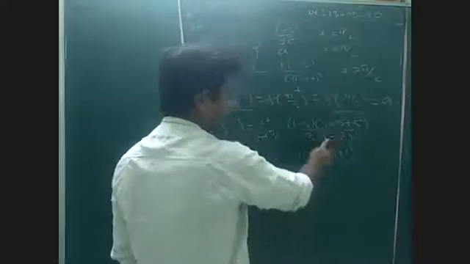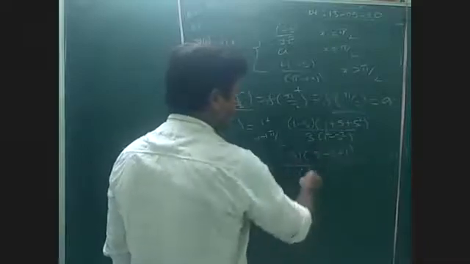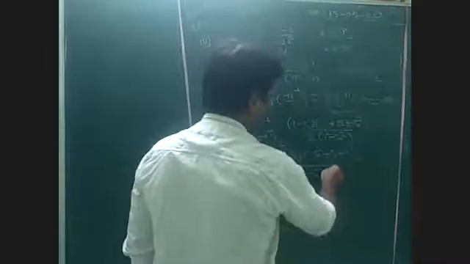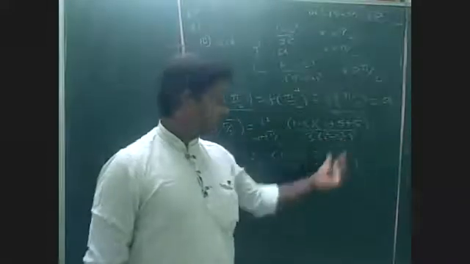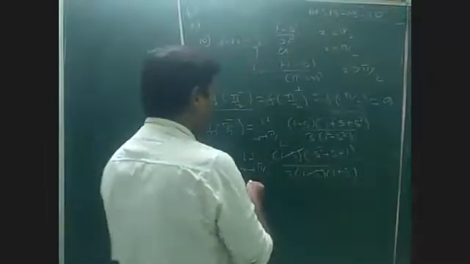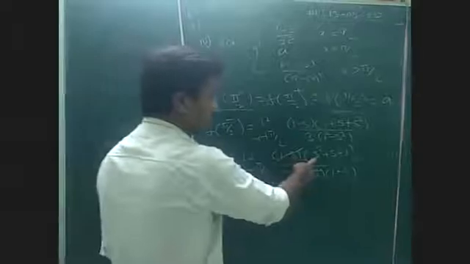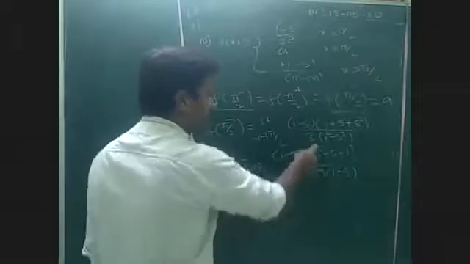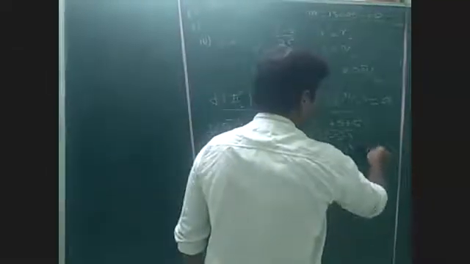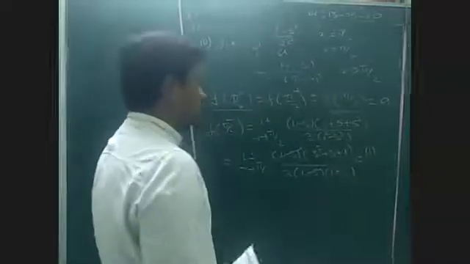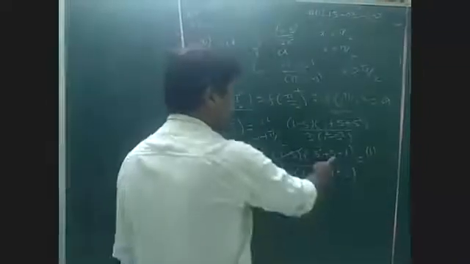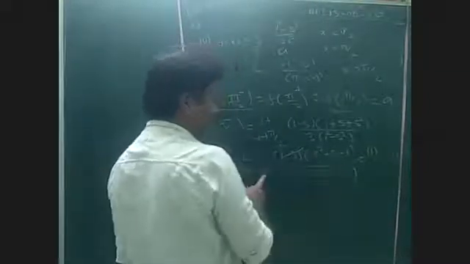The denominator is the same as a square minus b square, which I write as (1 minus sin x)(1 plus sin x), since a square minus b square is (a minus b)(a plus b). The factor 1 minus sin x gets cancelled. Now we can replace x by pi by 2. Sin square pi by 2 is 1, 1 square is 1, plus sin pi by 2, which is 1.